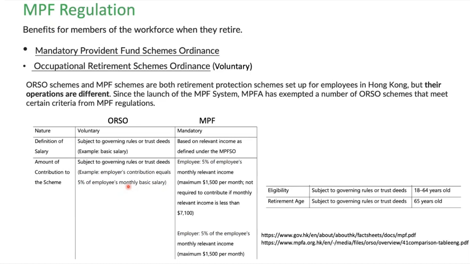Okay, so there are two schemes comprising here. One is the Mandatory Provident Fund Schemes Ordinance, and the other is the Occupational Retirement Schemes Ordinance. The first is mandatory, as the name says, and the other is actually a voluntary contribution.